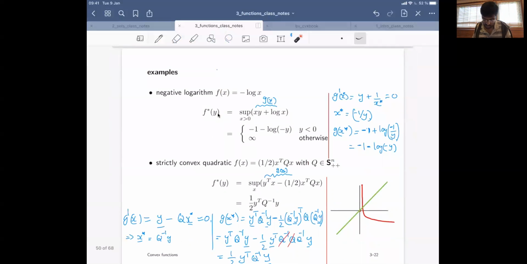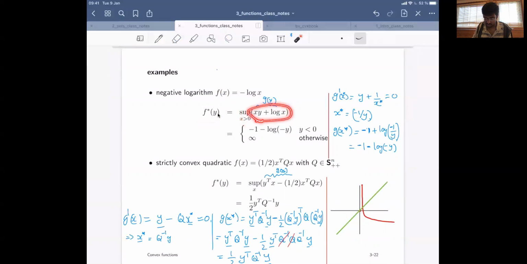Now some other example, minus log x. Minus log x is a convex function. So what we are investigating is f star of y. What is f star of y? Just use the formula. It is the supremum of xy minus log x, which is xy plus log x.